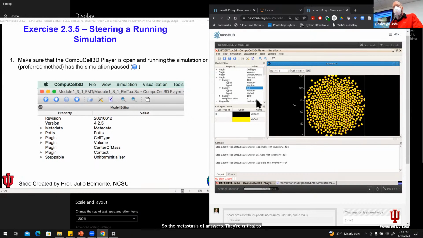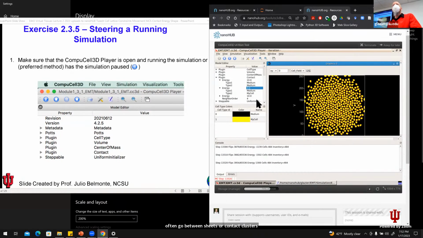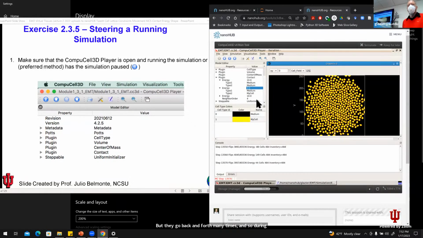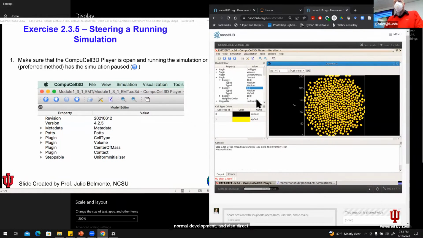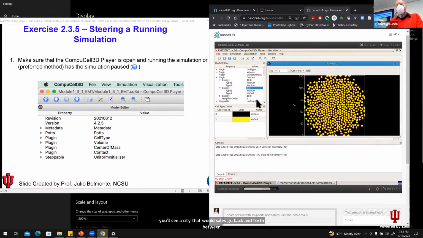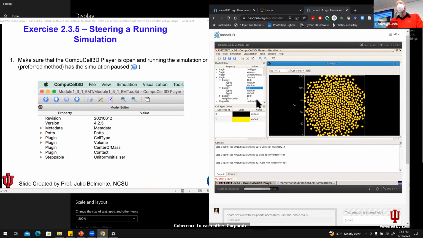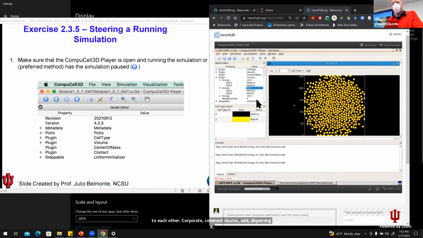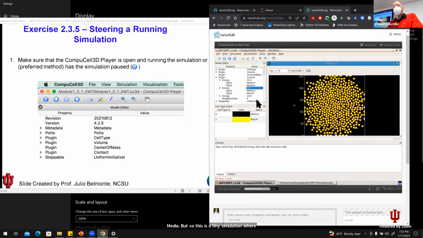During development, cells often go between sheets or compact clusters and dispersed migrating groups of cells, and they go back and forth many times. And so during normal development and also during tissue maintenance, you'll see situations in which cells go back and forth between cohering to each other and forming a coherent cluster and dispersing in medium. And so this is a tiny simulation where we can simulate one very simple aspect of that.